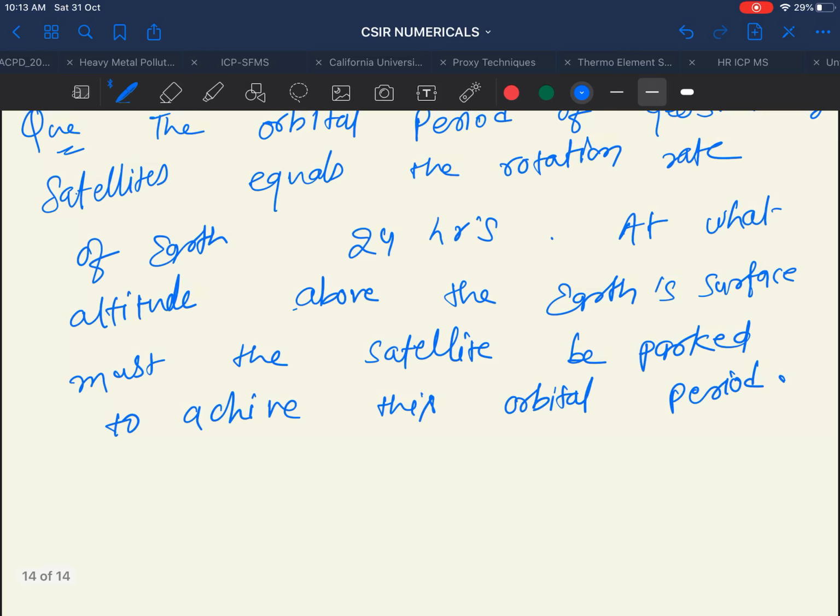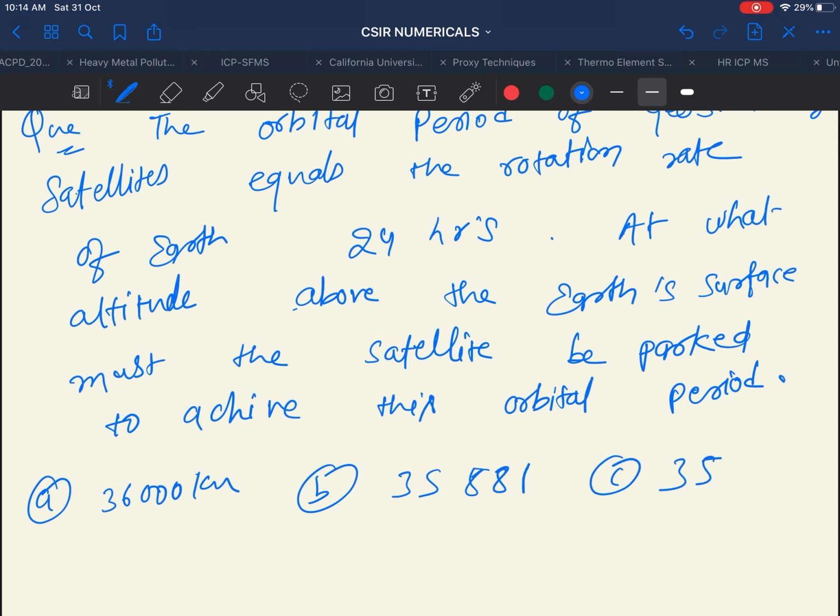Now the options given are, we know it is close to 36,000 kilometers, but exactly how much is it? Option A is 36,000 kilometers, option B is 35,881, C is 35,400, and D is 34,850. Sorry, that was a mistake from my side.